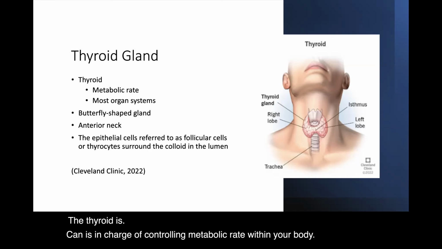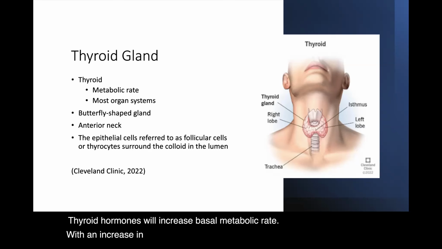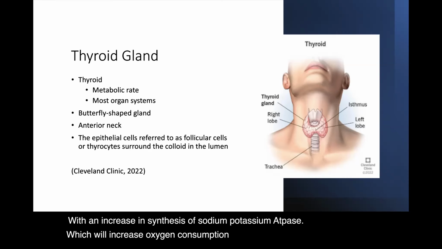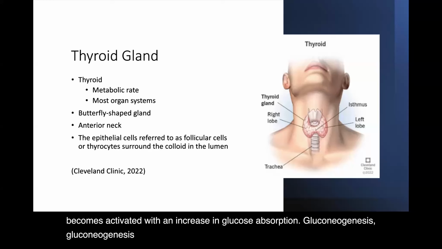Thyroid hormones will increase basal metabolic rate with an increase in synthesis of sodium, potassium ATPase, which will increase oxygen consumption and heat production. Metabolism becomes activated with an increase in glucose absorption, glycogenolysis, gluconeogenesis, lipolysis, protein synthesis, and degradation.